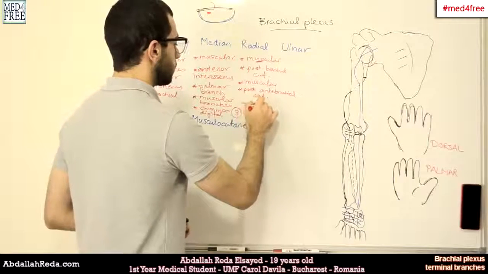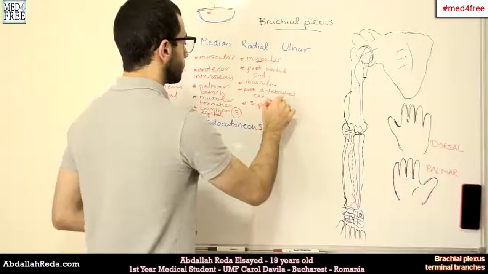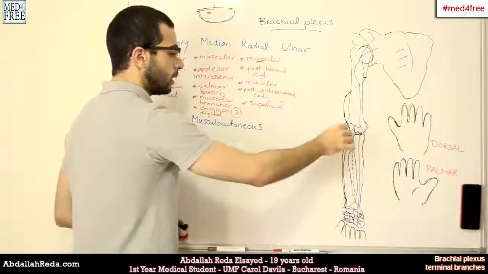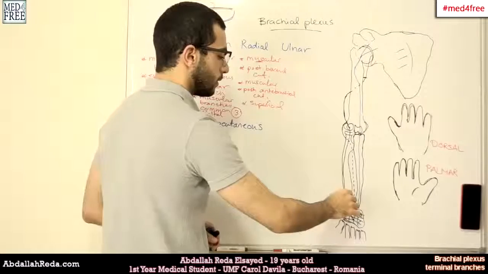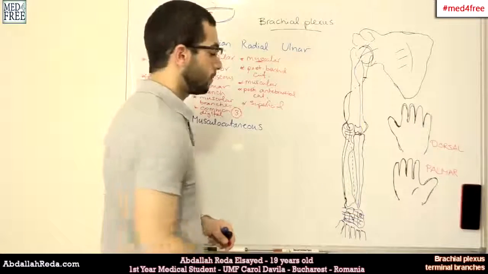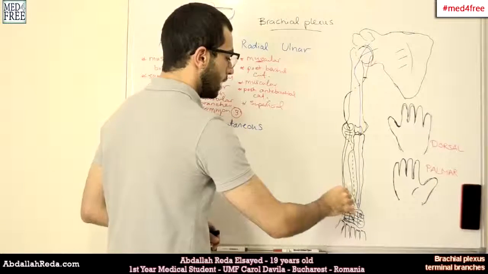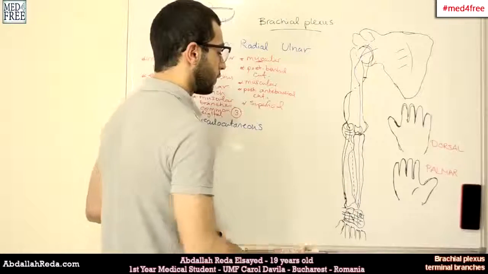The superficial branch will go like this, as we said, and it passes near the anatomical snuff box.